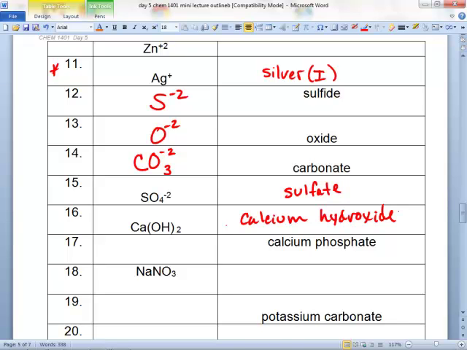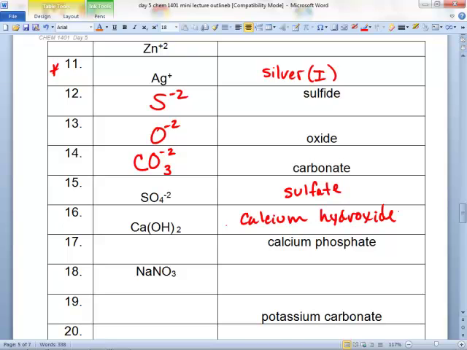Now, let's try to screw you up here a little bit. This is right. What's wrong with writing calcium in parentheses 2 hydroxide? What's wrong with writing that? Well, we'll get to that one. But what's wrong with writing calcium in parentheses 2 hydroxide? There's only one calcium.